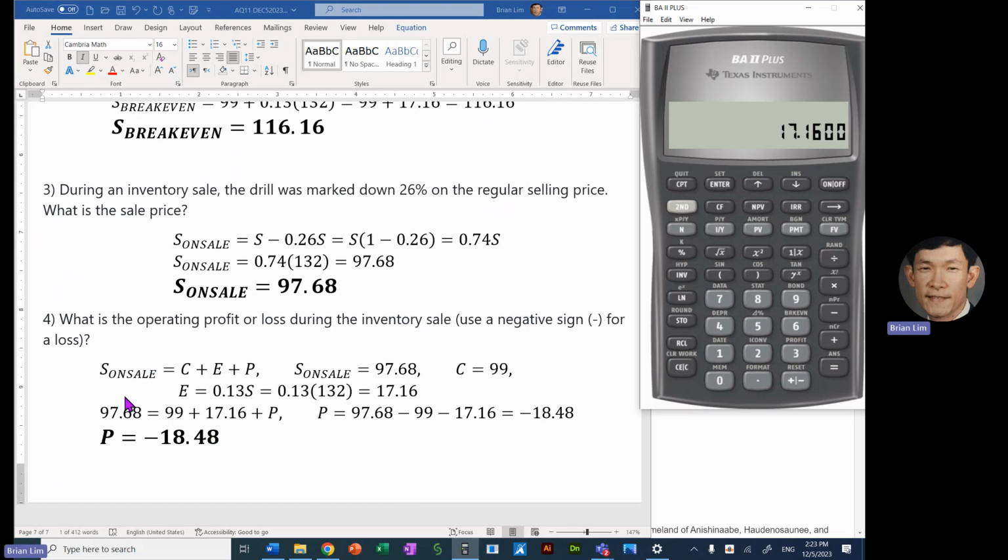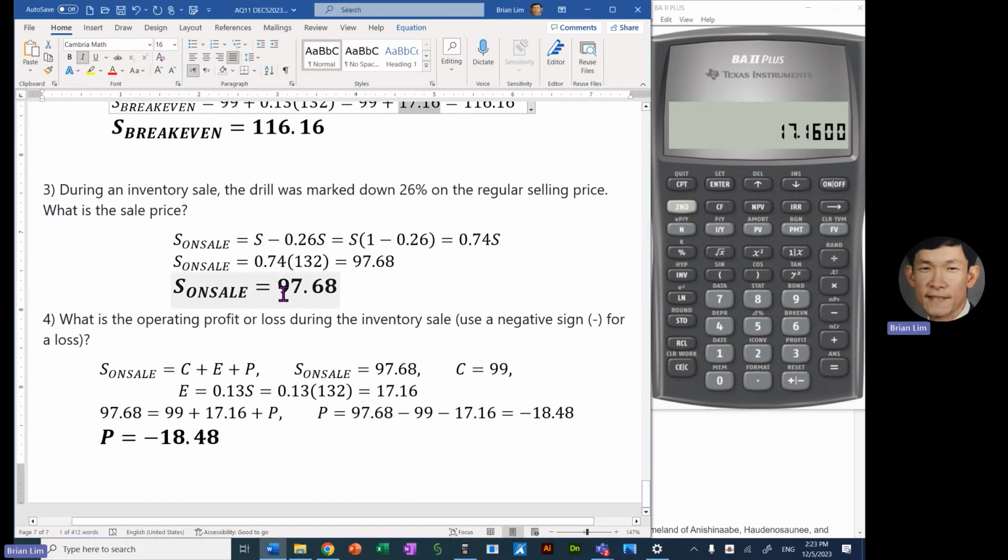Now, the price on sale was this price here, $97.68, which is what we insert here. The cost was $99. The expenses were $17.16. So to find the profit, we have to move these two terms on the right here over to the left. So in doing that, we change the sign.